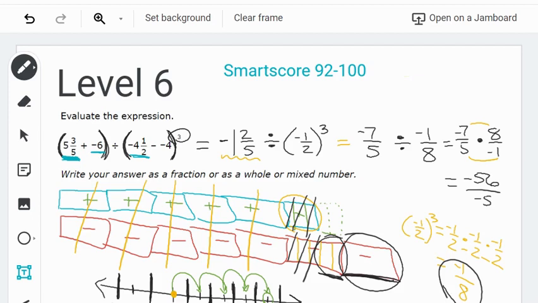Okay, and when you have negative over negative, that's because, remember, a fraction is a division problem. So when you divide two negatives, you actually get a positive. So you can think of that as 56 fifths, which could be your final answer as an improper fraction. As a mixed number, 5 goes into 56 11 times, because 5 times 11 is 55. And then 55 goes into 56 with just one remaining, so that's 1/5 at the end.